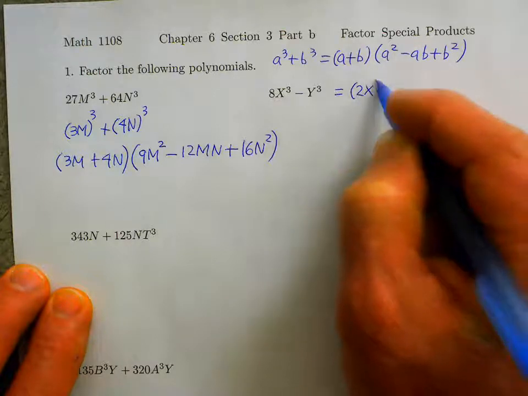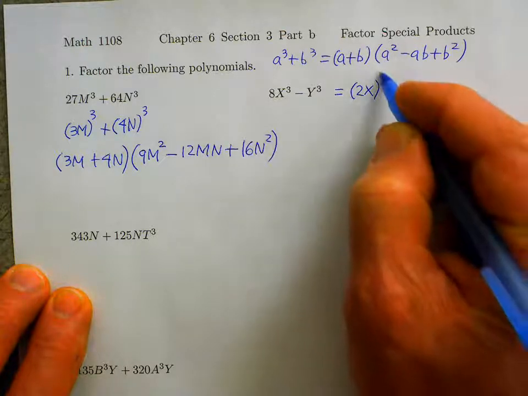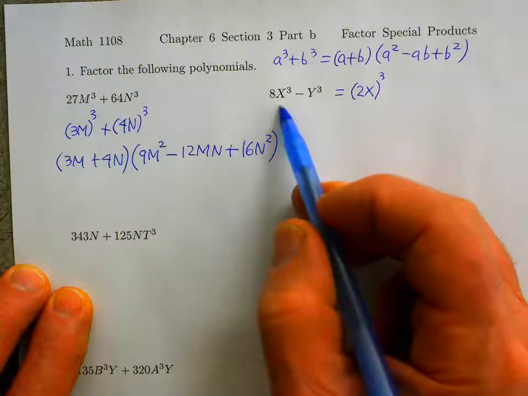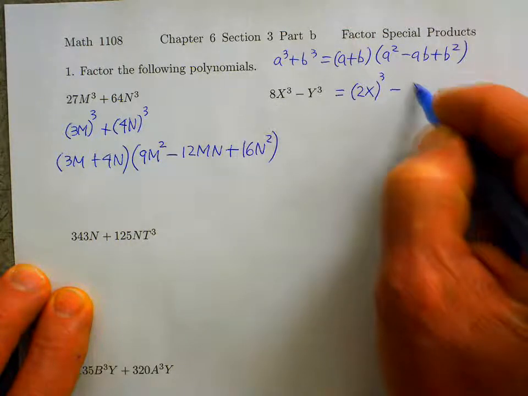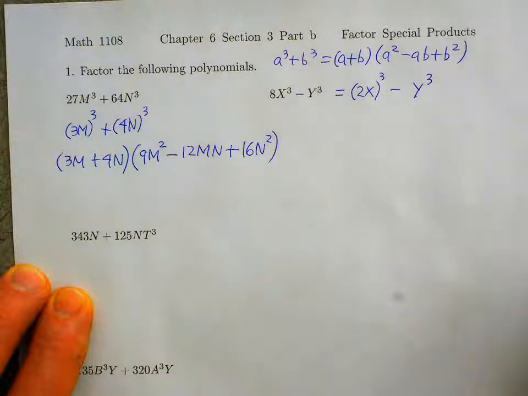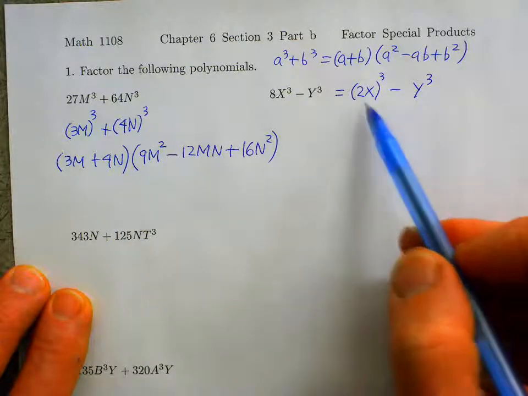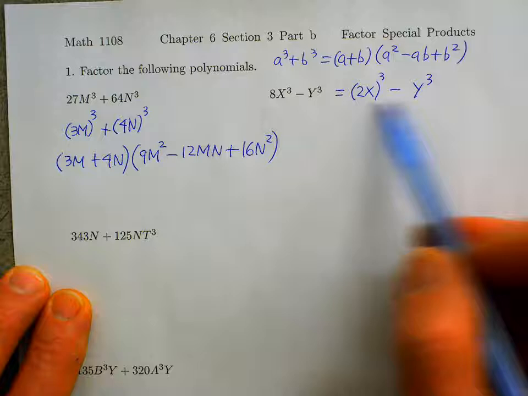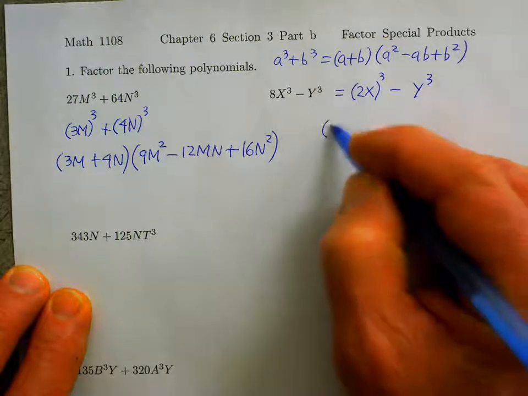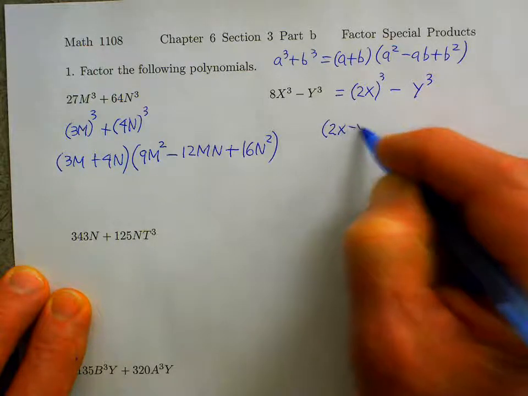If you raise the term 2x to the third, you get 8x to the third, and then minus y to the third. Okay, the binomial factor then is 2x minus y.